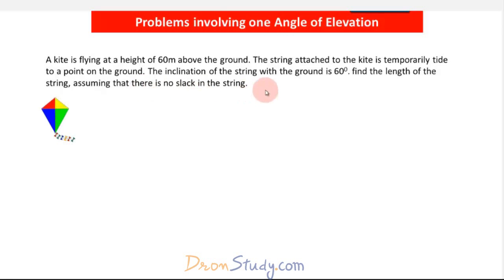Students, here a kite is flying at a height of 60 meters above the ground, and a string attached to the kite is temporarily tied to a point on the ground. So here the string of the kite is tied to the ground and the angle of inclination is given as 60 degrees.